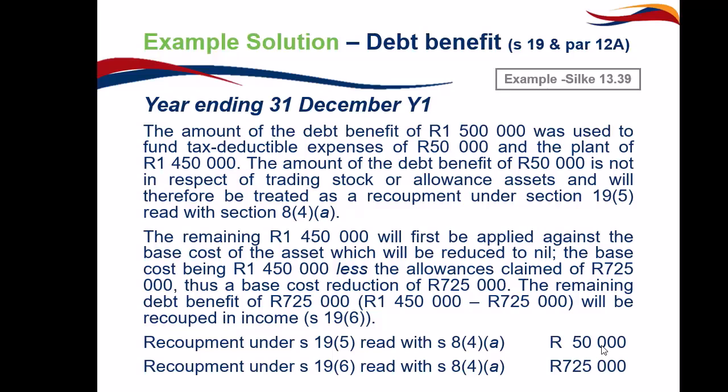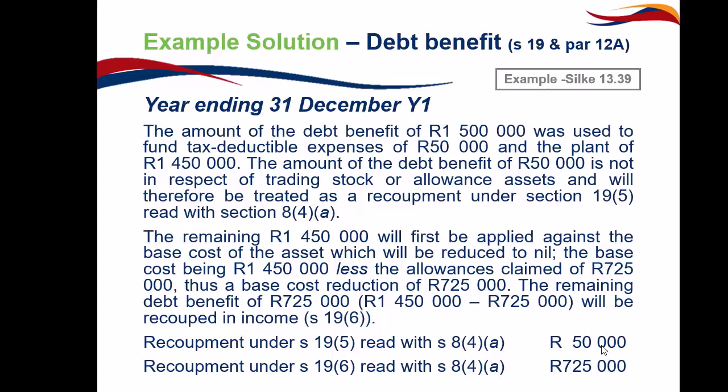Okay, so we need to first reduce the base cost. What is our base cost? Allowances claimed, we are told, is 725,000. And how much was the asset purchased for? 1.450 million.